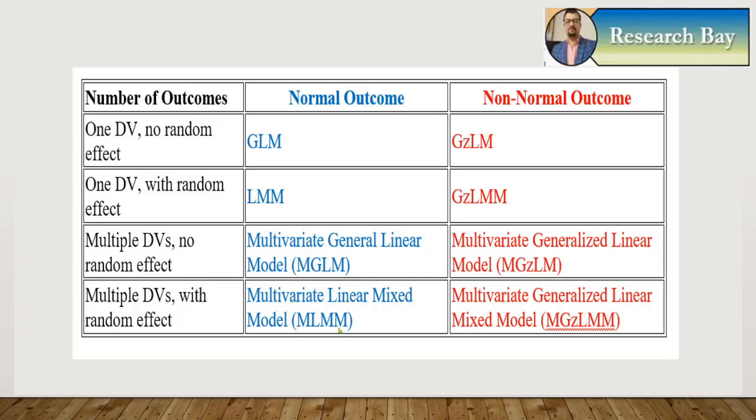This is the most complex one. And non-normal outcome in case of multiple dependent variables with inclusion of random effect is known as multivariate generalized linear mixed model. So herein I have compiled a simple chart for you to easily understand and identify what kind of analysis you need for your research.